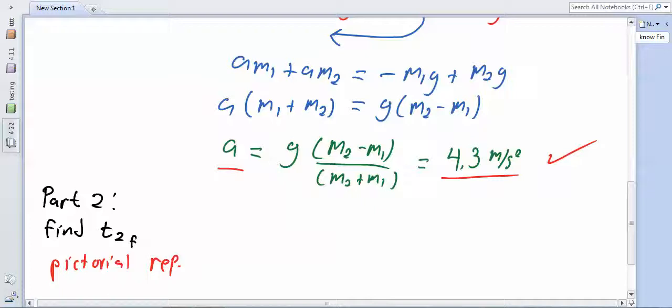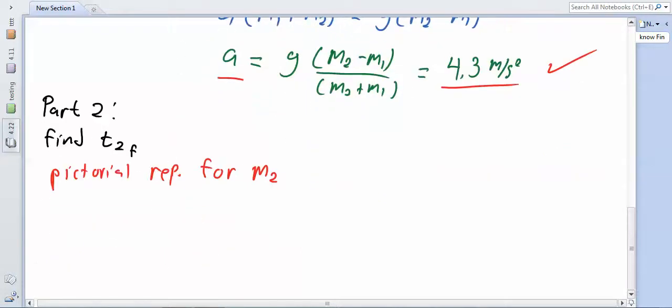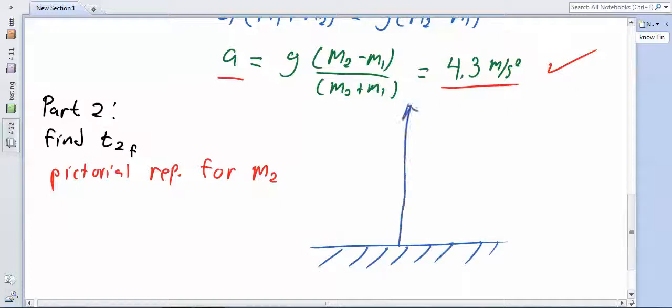And since the object of interest is the mass m2, I only need to draw the pictorial representation for that particular one. So we'll draw that pictorial representation. We'll set that up on a vertical axis that we have labeled as y. And mass number 2 starts at an initial point that is off the ground, and it lands at a final point that is on the ground.